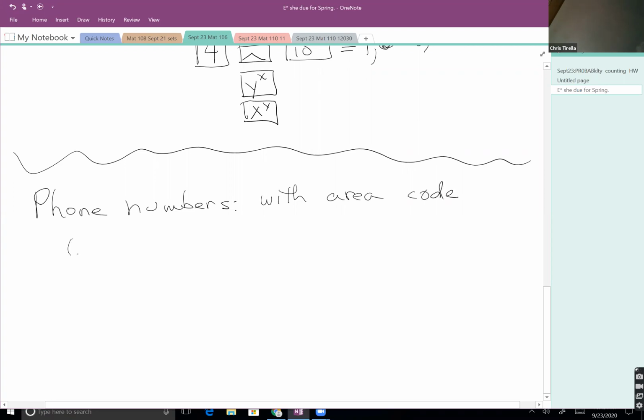The area code is 3 digits, and then the number itself is 7 digits. In the area code and the number itself, did anybody ever notice that they never start with 0 or 1?